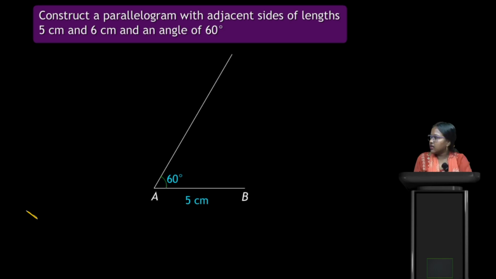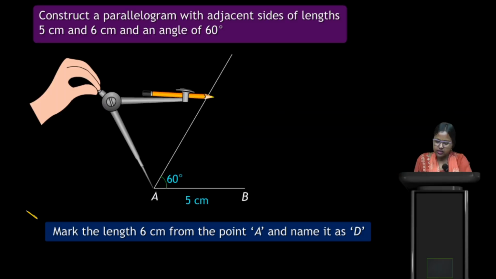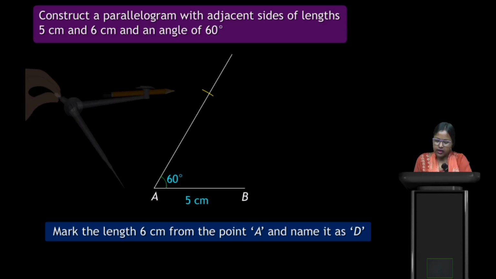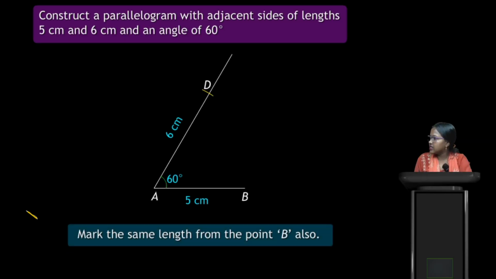Mark the length 6 centimeter from the point A and name it as D. So from point A, you measure 6 centimeter, cut it, and give the name D to this point. So AD is 6 centimeter.